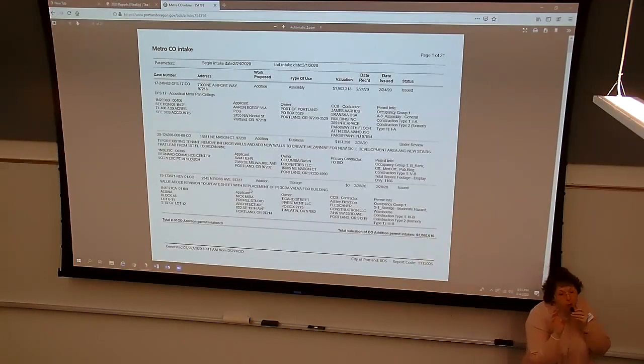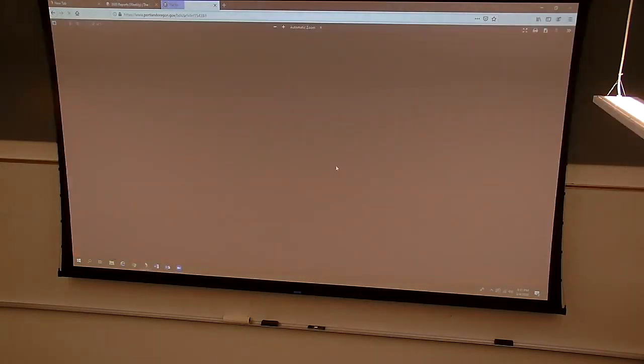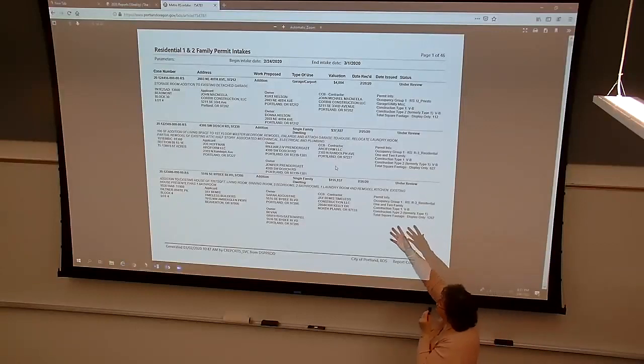Let's look at a residential one, shall we? Questions? Do you need to go back? Okay. Here are residential permits that same day.